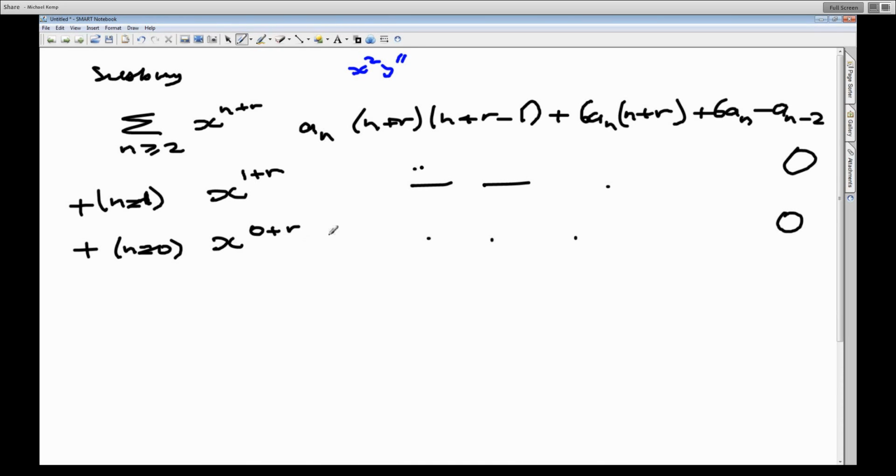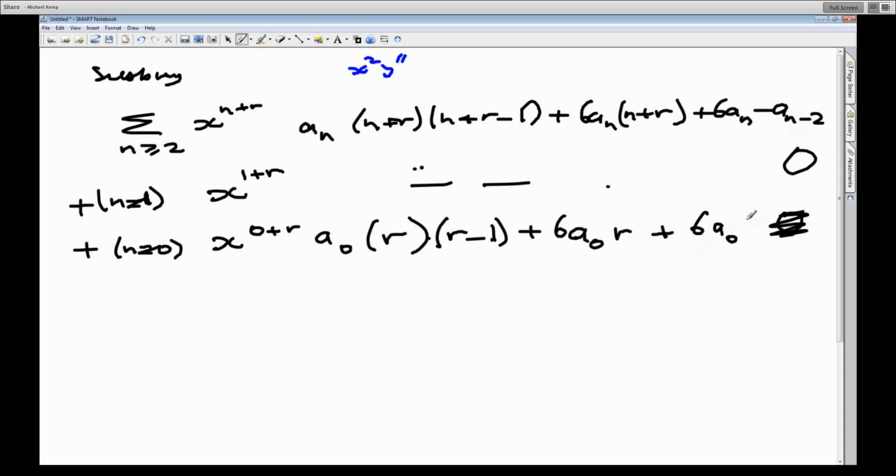So this would be a_0 (0 plus r)(0 plus r minus 1) plus 6 a_0 (0 plus r) plus 6 a_0. And as I said, the a_{n-2} doesn't really make sense, so that just doesn't come up at all. Let's put a big bracket here for all of them.